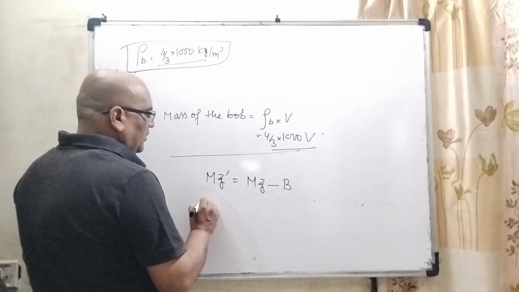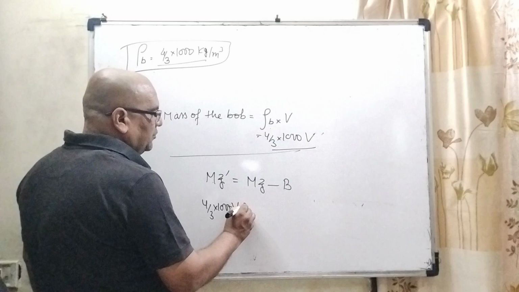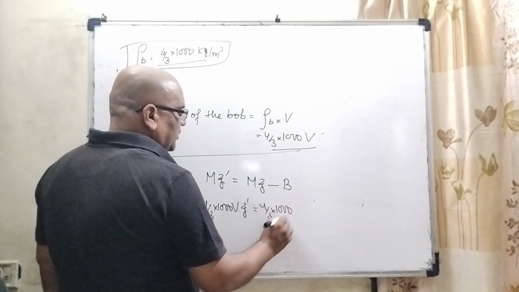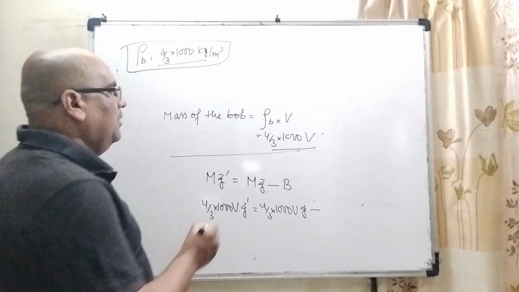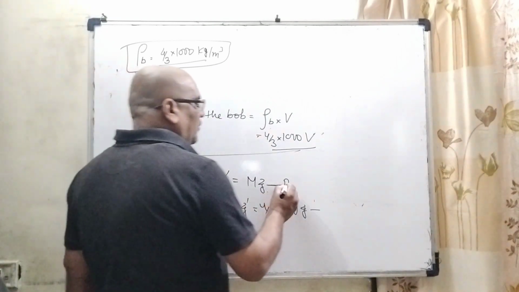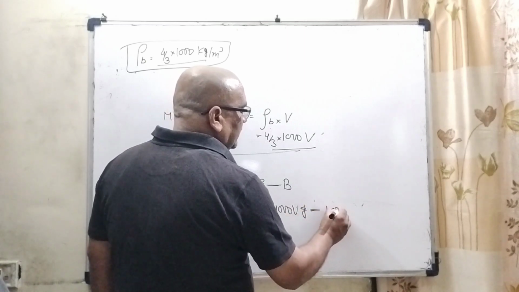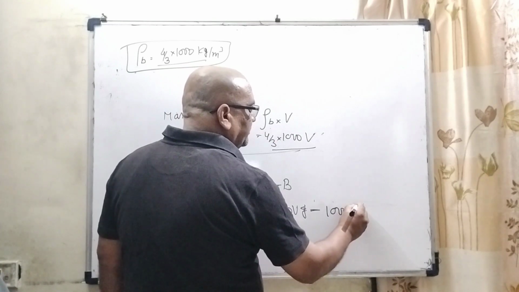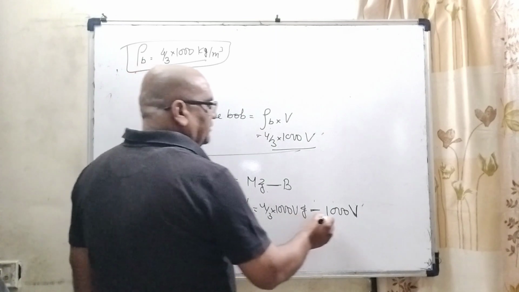Here, density 4 by 3 into 1000, volume V, into g dash, equals 4 by 3 into 1000 V and g, minus buoyant force, which means the weight of the liquid displaced by it. So here the density of water, we know, is 1000, volume is V, and here g.